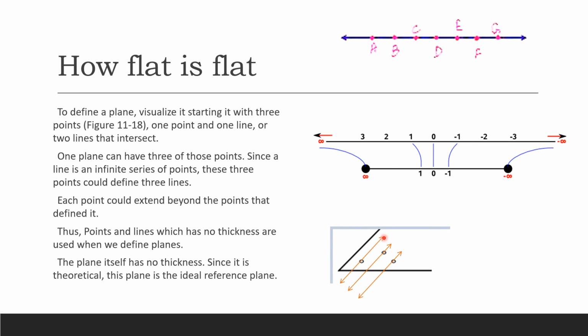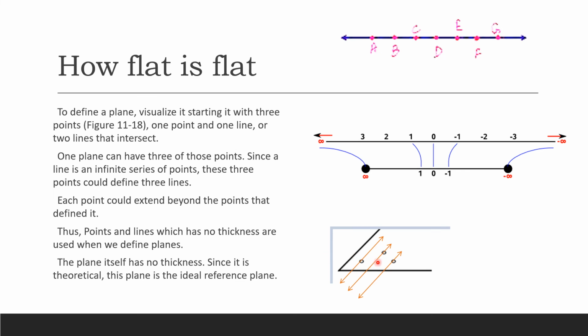The same thing, we're going to imagine, we're going to make a plane starting from 3 dots, and each dot is going to have a line. We will imagine the line crossing that, crossing this, and crossing that. And on these 3 lines, we're going to imagine a surface, and that surface is the flatness, okay, the absolute flatness you can only imagine. So each point could extend beyond the points that define it.